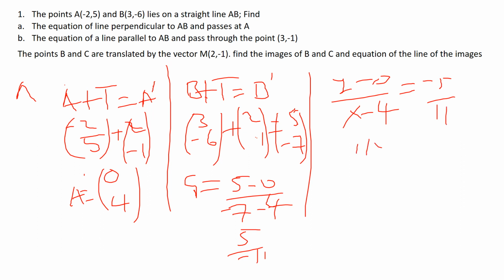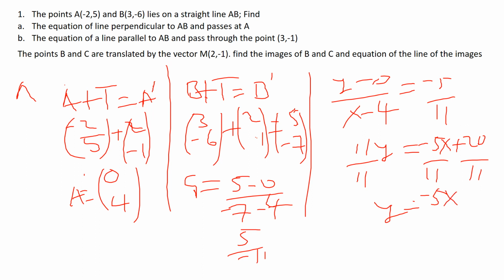So in this case we are going to have 11y is equals to negative 5x, and then plus 20, and then we can divide by 11 by 11. So we have y is equals to negative 5x divided by 11, and then plus 20 out of 11, although it is good to convert that into a mixed fraction. So then we go to the next question.